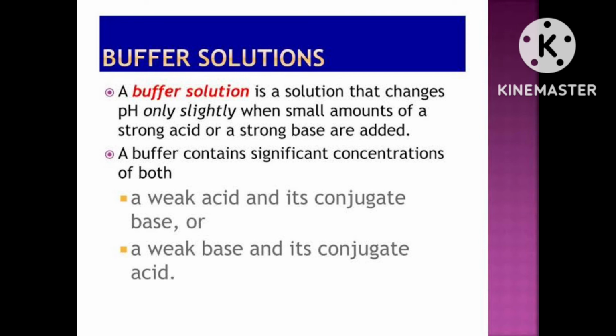0.1 minus x, this type of question you have already solved. Now first, Kb is equal to x into x divided by 0.1. The ammonia concentration is given as 0.1 M only.